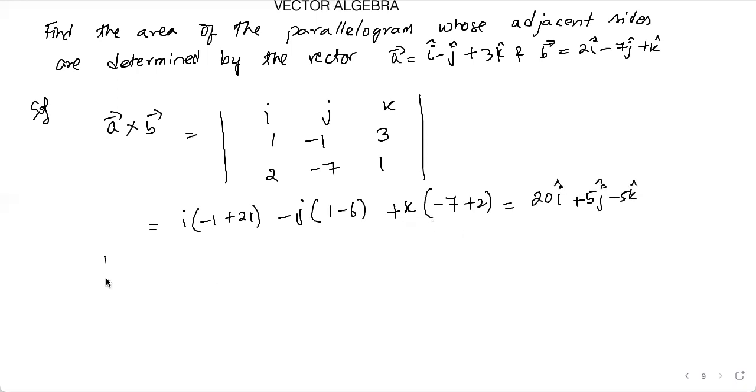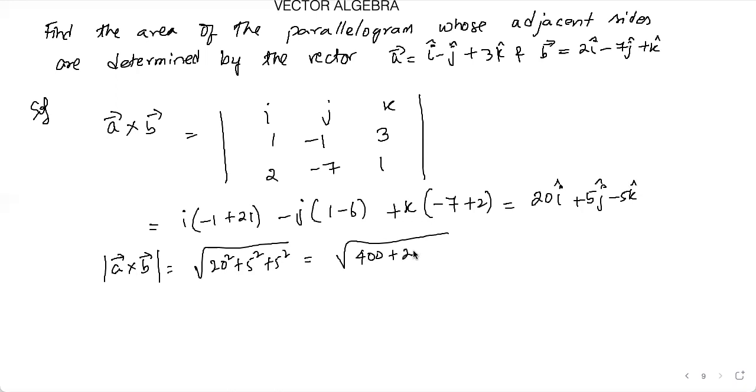Find the magnitude of this, which would be square root of 20 square, 5 square and 5 square. So this would be square root of 400 plus 25 plus 25, which is 10 root 2.